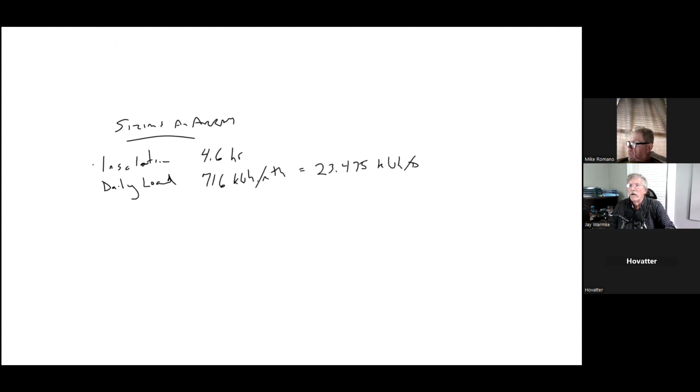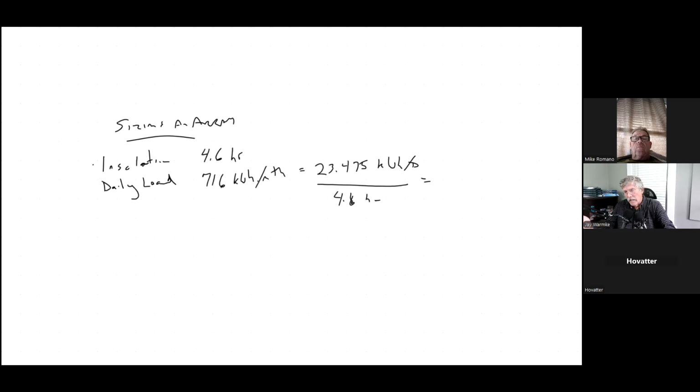All right. Well, we know how many hours of insolation. So I divide the daily load by the hours of insolation. So that's 4.6. And that's going to give us 23.475 divided by 4.6. I got the 4.6 from PV watts.